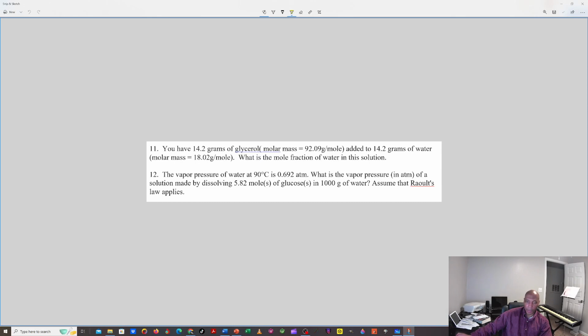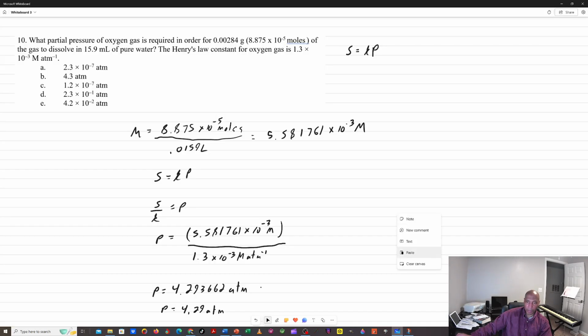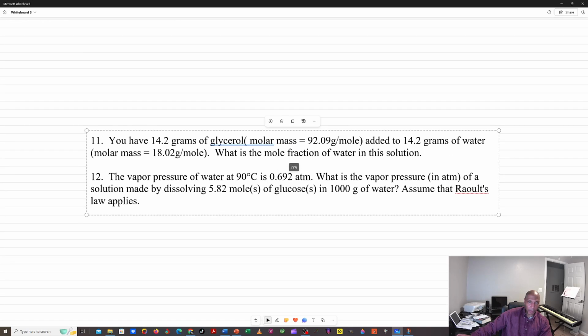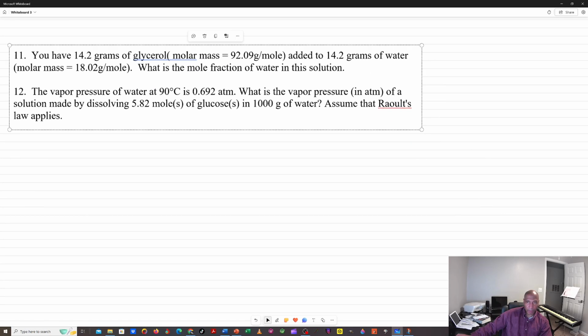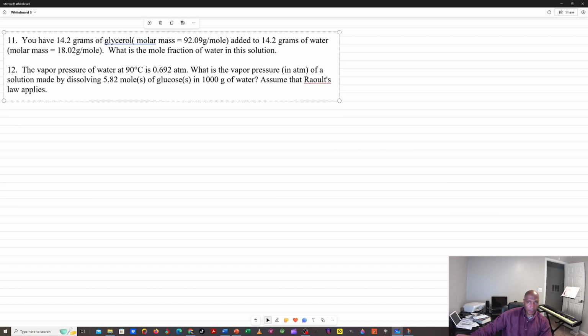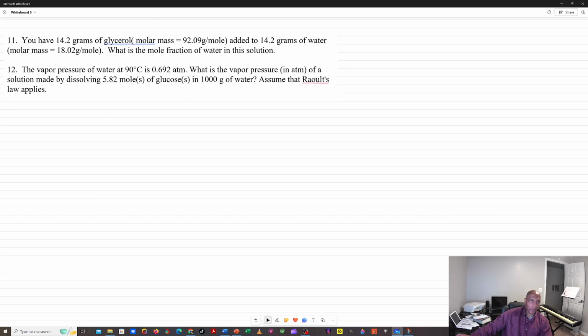And I'm going to hit copy and go back to my whiteboard, and I'll hit clear canvas and hit paste. Alright, so it says mole fraction, so we have moles of the substance in question divided by the total number of moles.